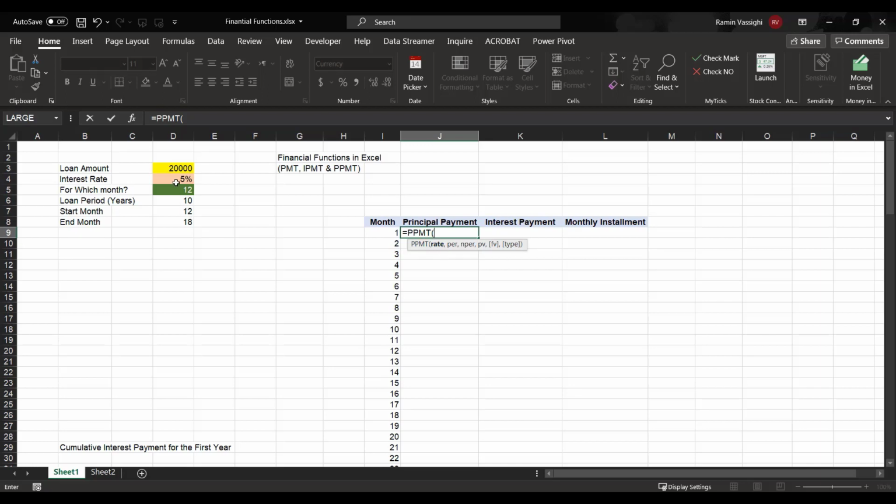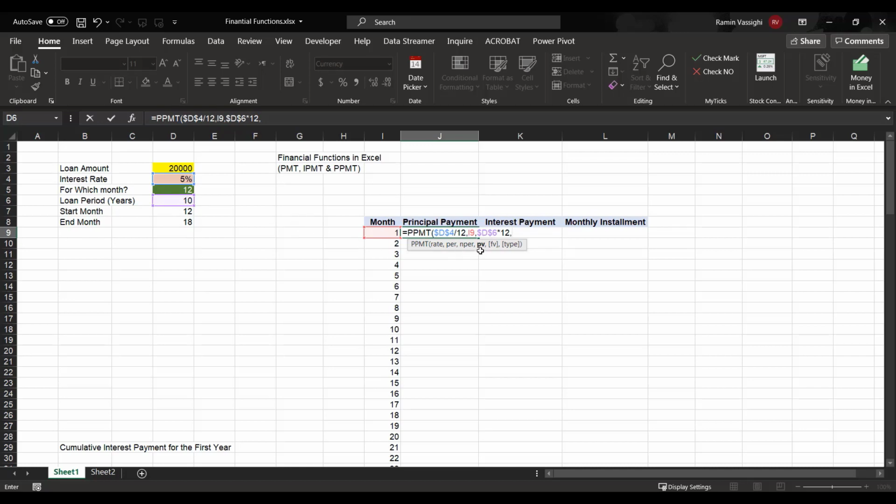So the rate is 5% here, an annual rate divided by 12, so that gives us our monthly rate, comma. The next one would be the month that we are in, which is month 1, comma. The next one would be your number of payments, which is annually, and we're paying over 10 years, but what we're trying to do is multiply that one by 12 to give us 120 payments.